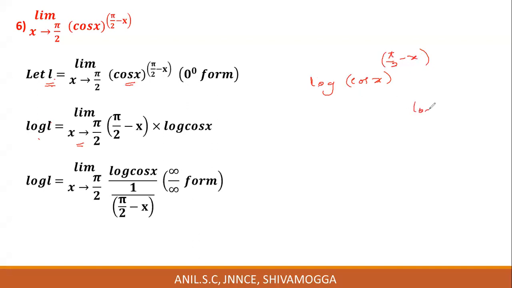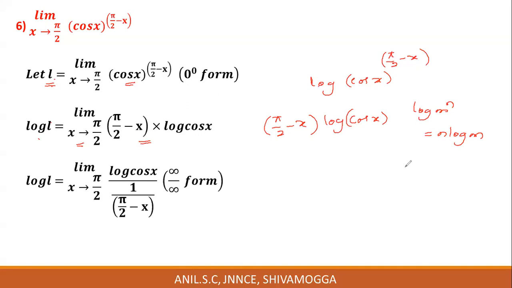It takes the log m power n form, and log m power n is n log m. Therefore, this can be written as pi by 2 minus x into log cos x. That's what I have written here.